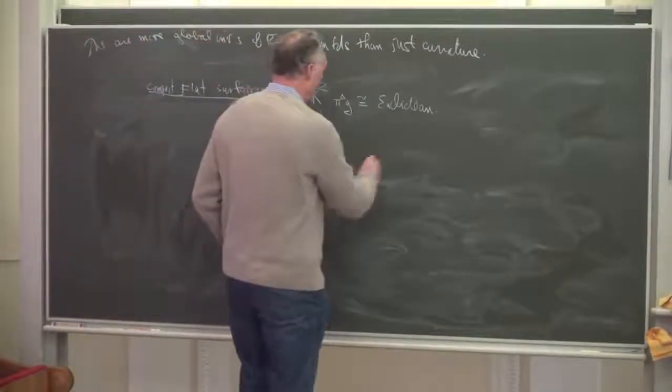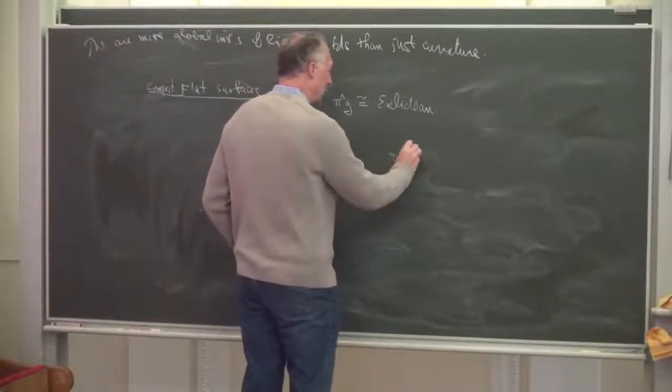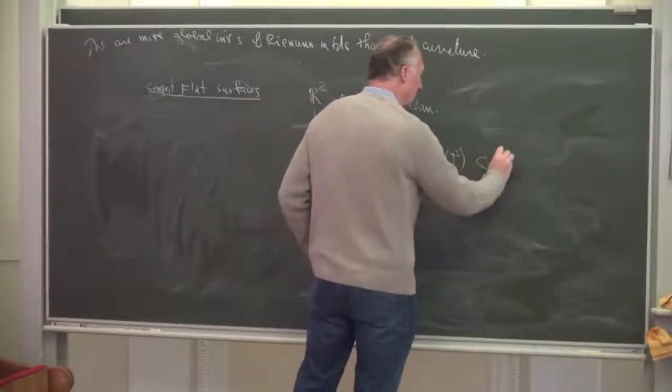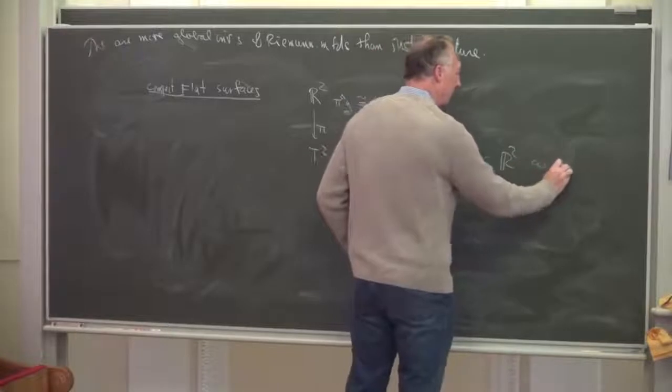And so what happens is the fundamental group of the torus, which of course is also its first homology group, is then embedded in R2 as a lattice.